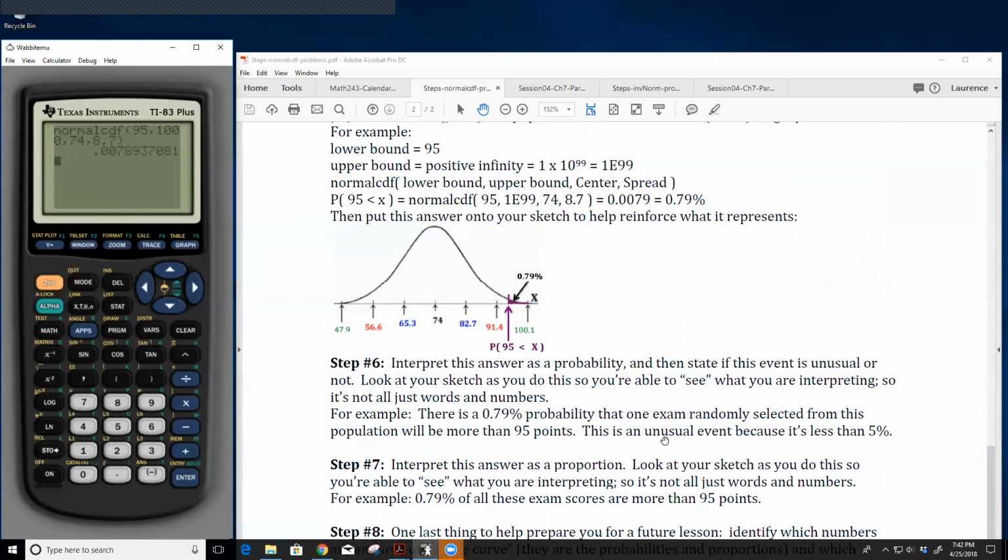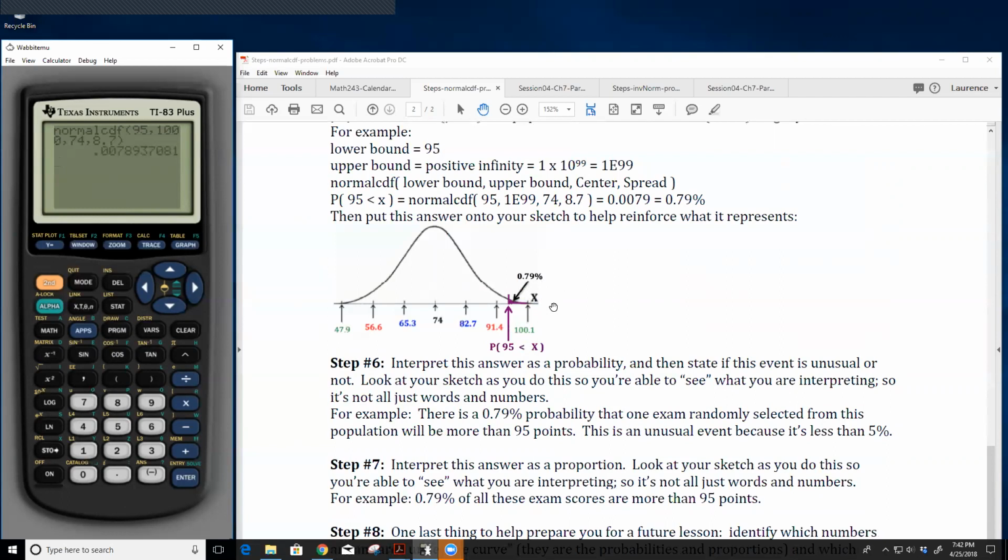Now, you want to interpret this area under the curve in 2 ways. As a probability, which is the probability of one randomly selected from this population being greater than 95 is 0.79%. Now, is that probability small enough to be considered unusual?